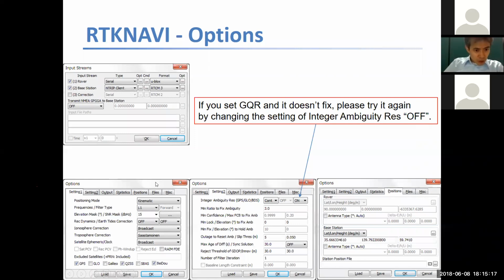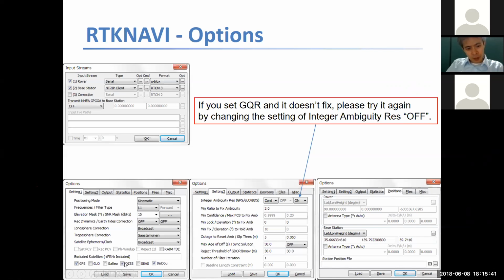And the options. In setting 1, kinematic, single frequency, mask angle, and so on, GPS, QZSS, Beidou, and okay. In setting 2, we set continuous and on. Here is GPS, Beidou, QZSS.